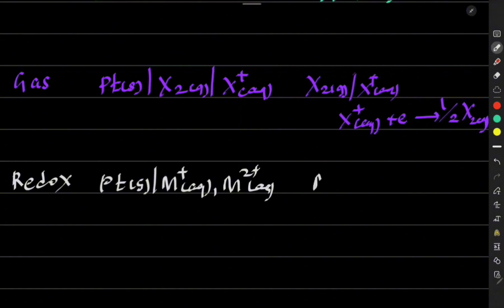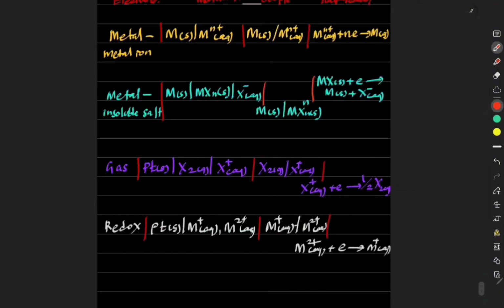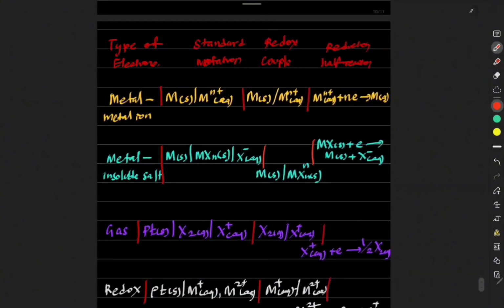The redox couple is M plus aqueous, M2 plus aqueous. M2 plus aqueous plus electron, they form M plus aqueous. This is the reduction half reaction. I mark these red lines to separate them.